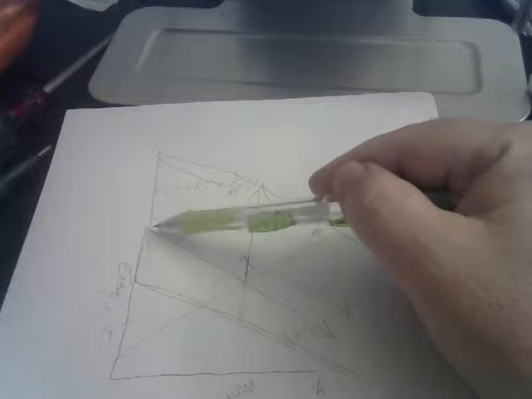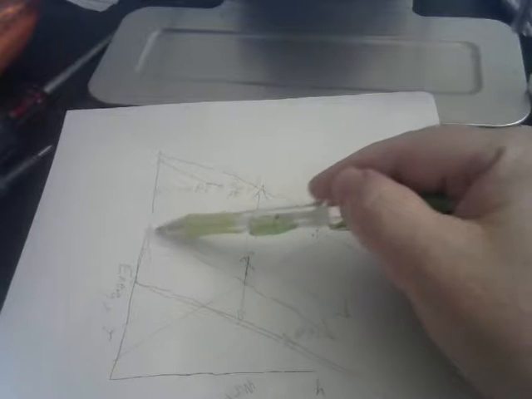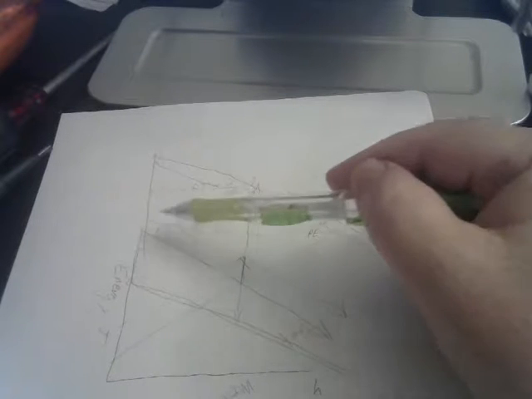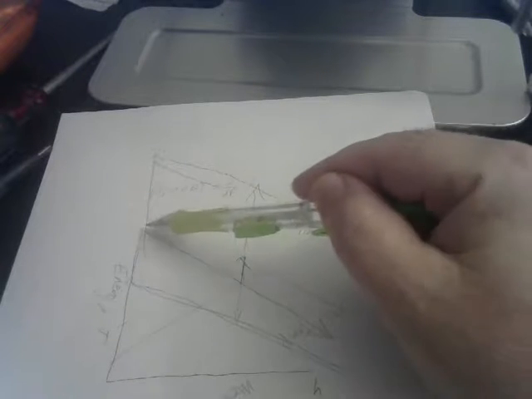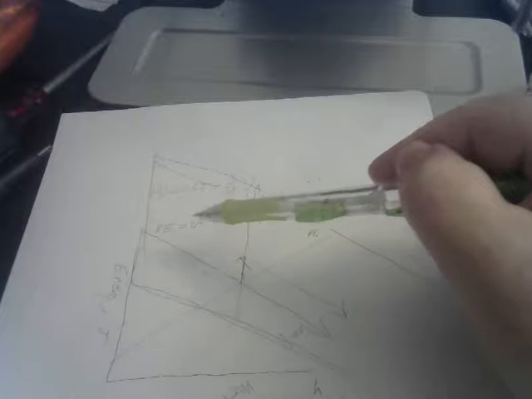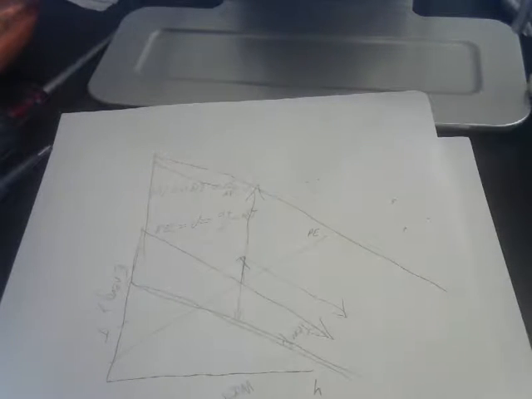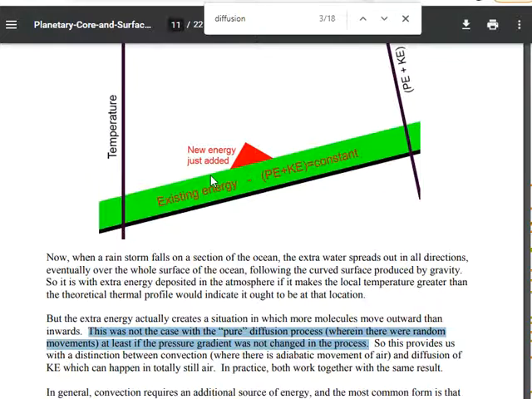So those molecules would have a higher linear kinetic energy, but I don't see why it would mean there were more of them moving upward in the environment towards greater height. And again, I don't quite understand his graph really well at all.